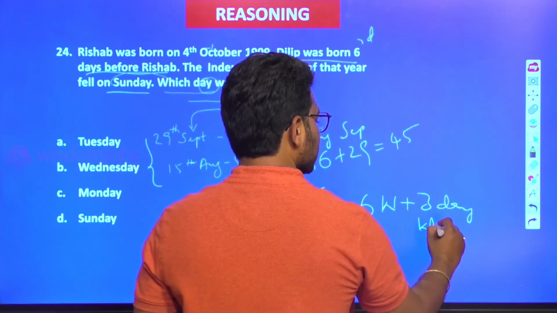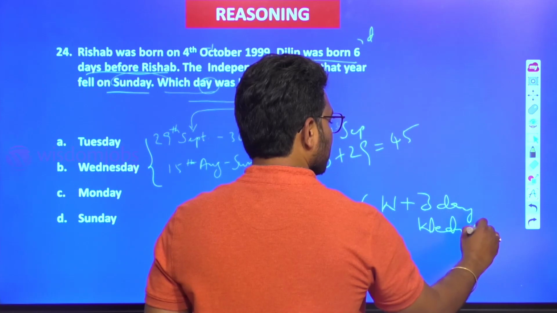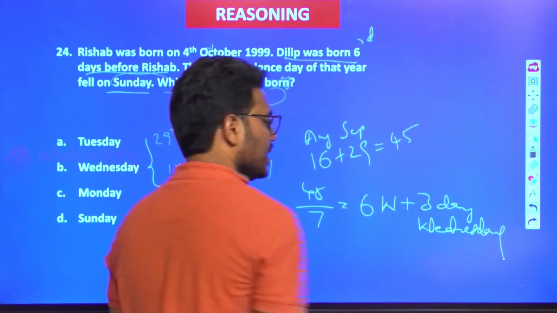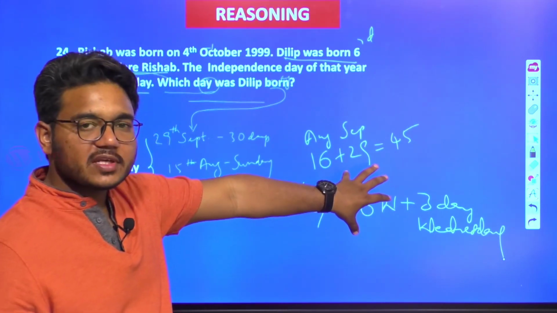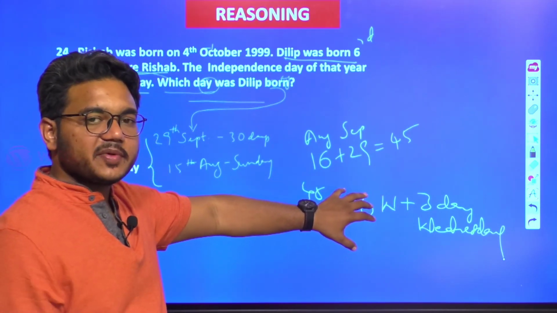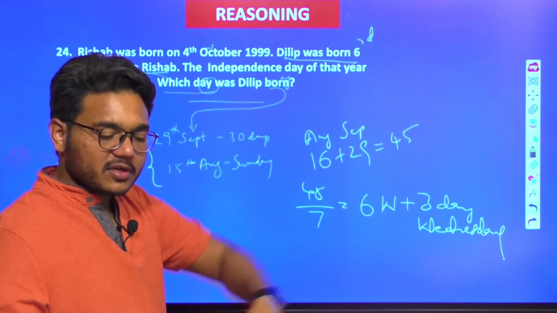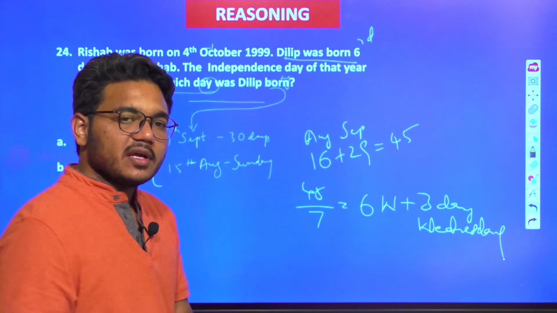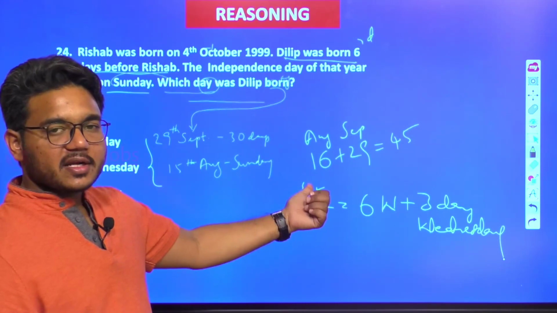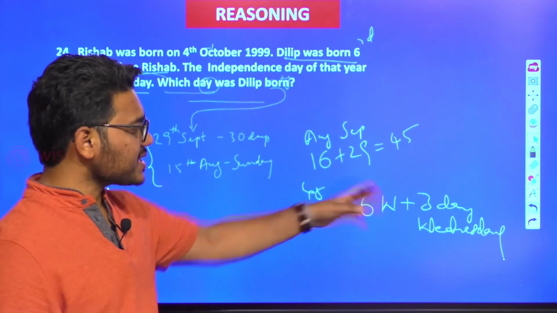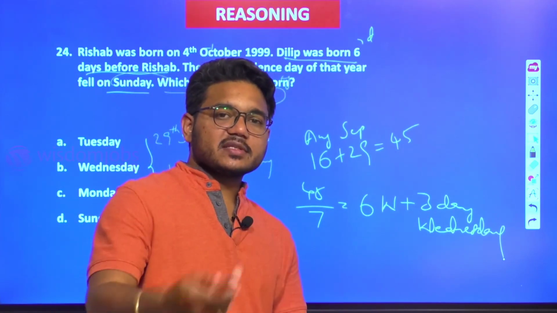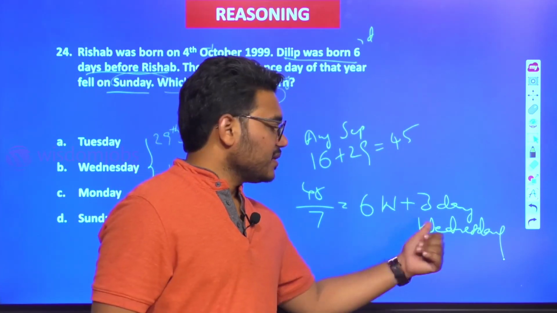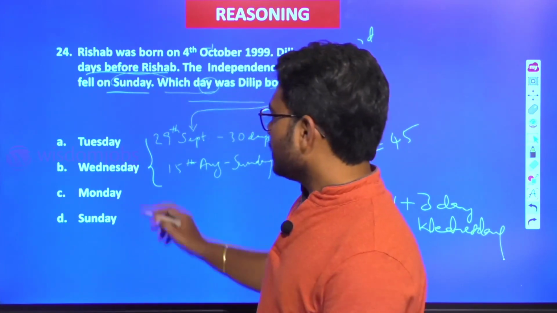So our answer is Wednesday. Because the same day will be repeated after a number of weeks. After every week, the week again starts, and we have calculated from Sunday. So after Sunday we have got 3 days more. So obviously, after Sunday 3 days is Wednesday. So our answer is Wednesday.